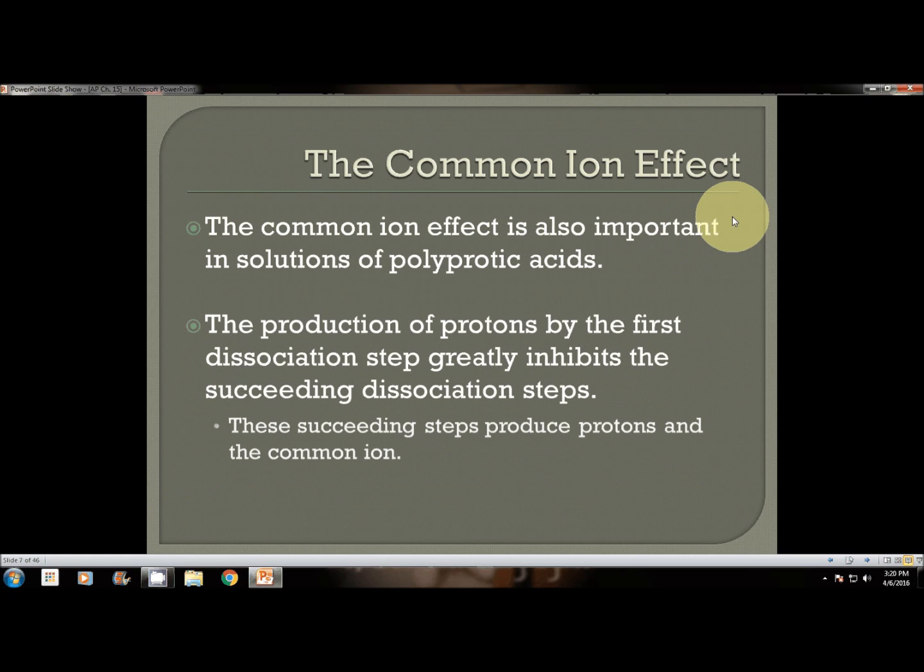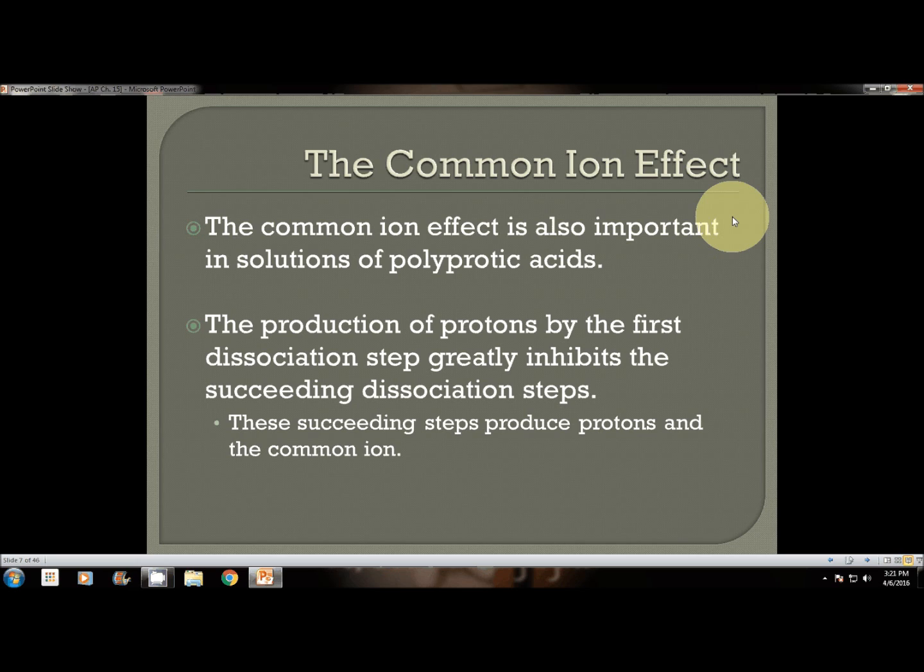The common ion effect is also important in solutions of polyprotic acids, but it's a little bit different. Remember, polyprotic means it's diprotic with 2 protons or triprotic with 3. The production of protons by the first dissociation step is what really gives you those protons, and so it greatly inhibits the succeeding dissociation steps.